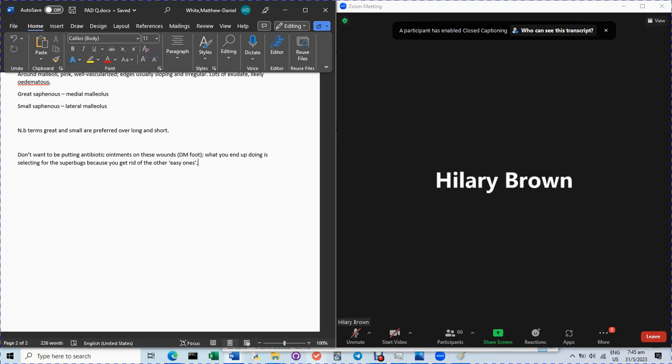Yes, if there's an acute infection, you need antibiotics, intravenous or even oral if the infection is not too bad. But your wound care and your foot care is probably even more important.